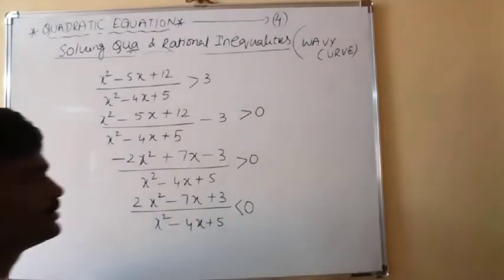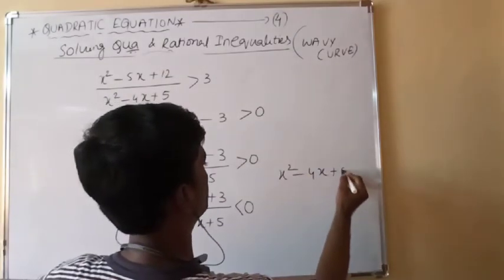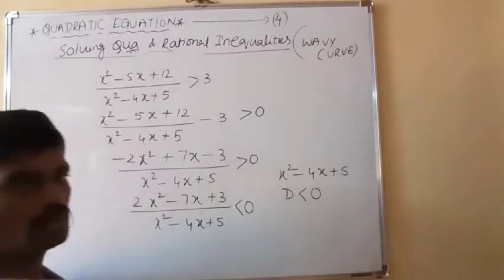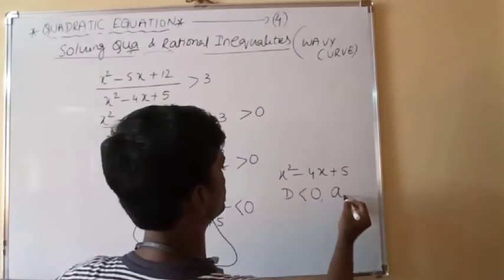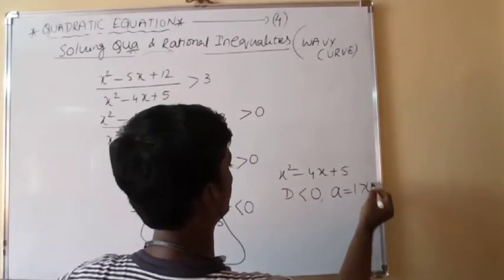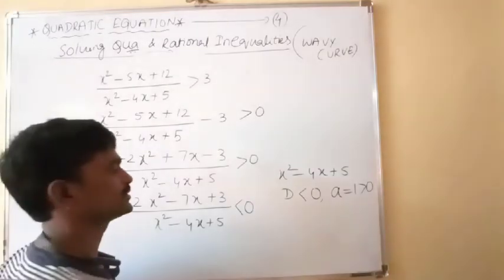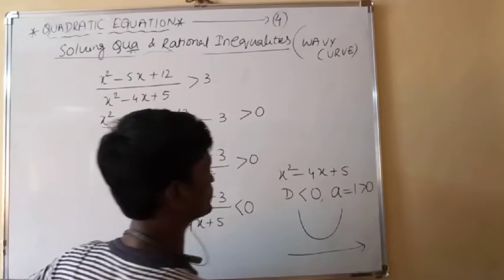But here if you observe, x square minus 4x plus 5, for this the discriminant is less than 0. Discriminant is less than 0. And what is the x square coefficient? A, 1 is positive. So discriminant less than 0 and x square coefficient positive means it is an upward parabola having no real roots.